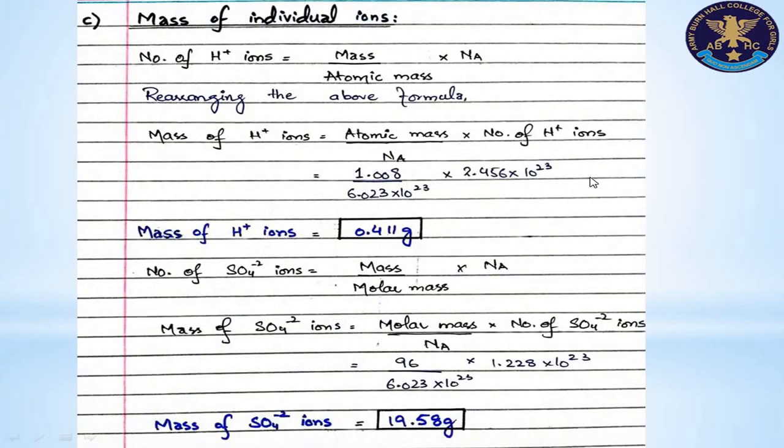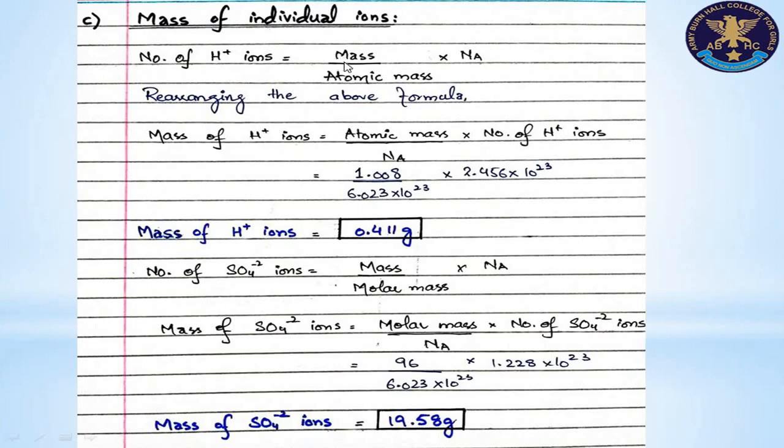In part C, we have to calculate the mass of individual ions. For this, we proceed with the same formula which we used in part A, that the number of hydrogen ions is equal to mass divided by atomic mass multiplied by Avogadro's number.